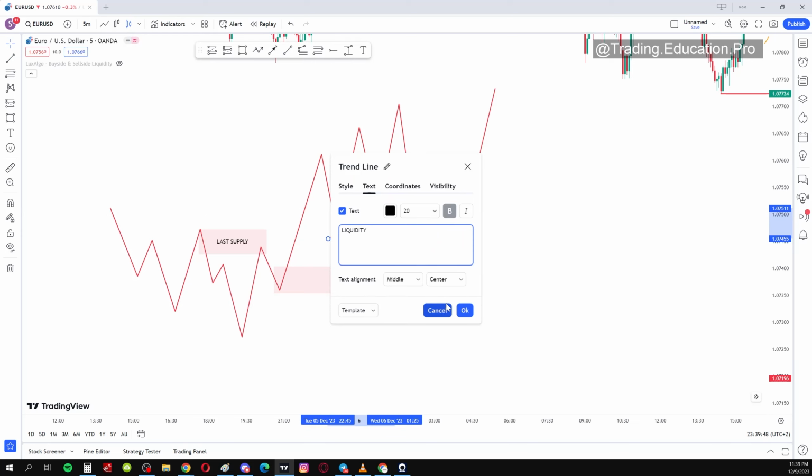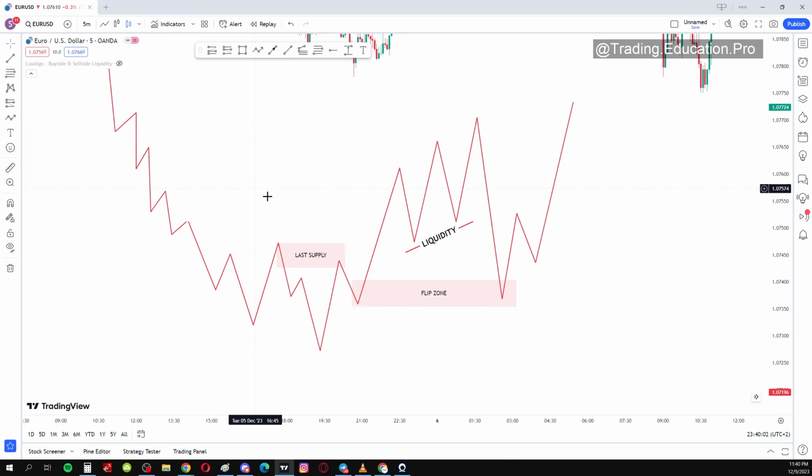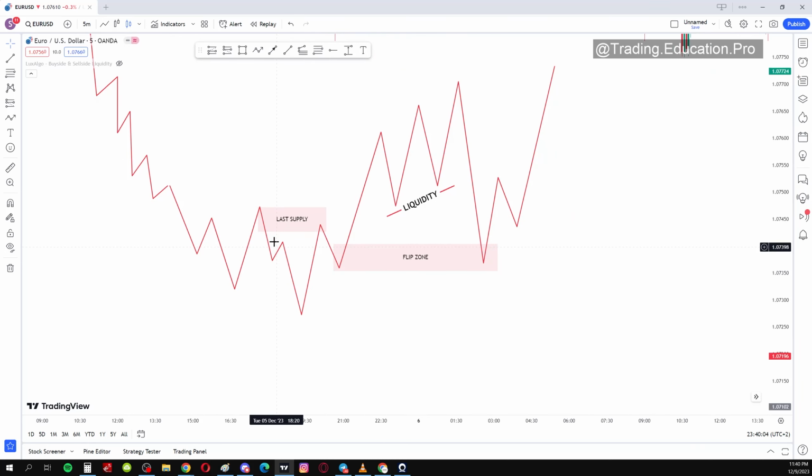So now, obviously, we were having some downtrend, right? We have this supply zone that gave us the last break of structure.